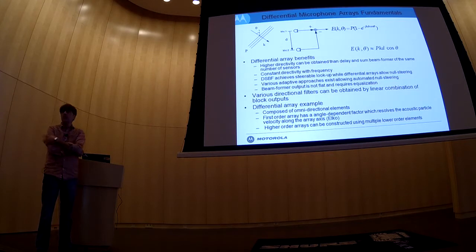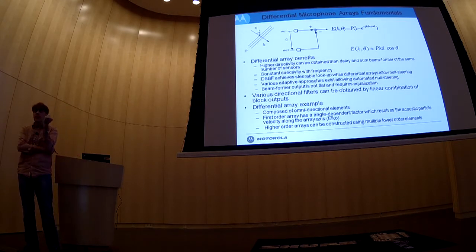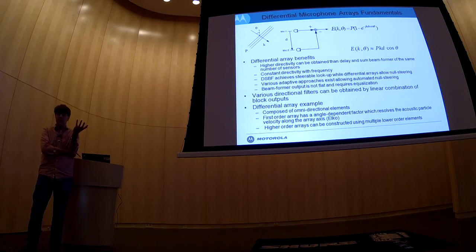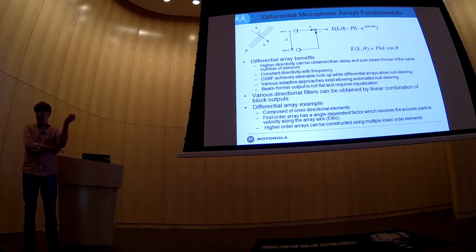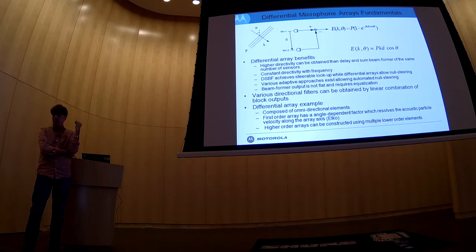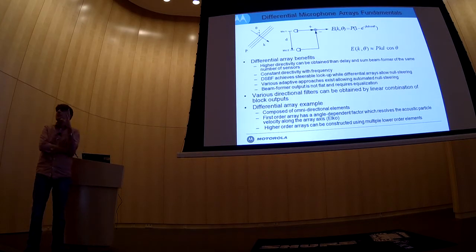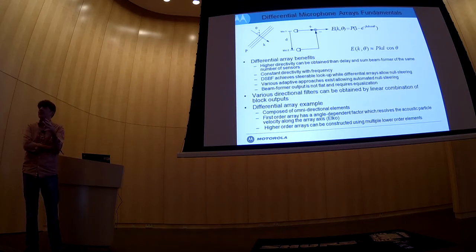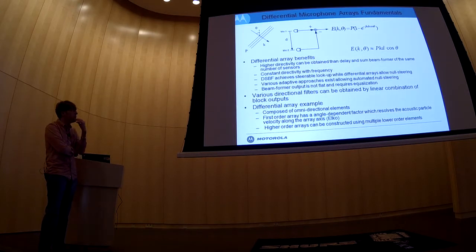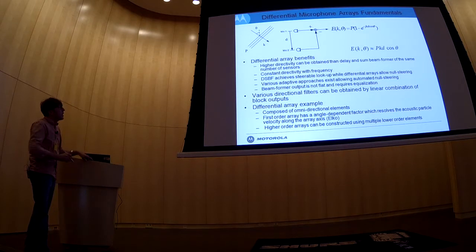And that's important because in small form factor devices, we cannot actually use many sensors. Having said that, the delay and sum beamformer is used as a constituent part in more complicated structures such as the generalized sidelobe canceller, Griffiths-Jim beamformer, and so on.